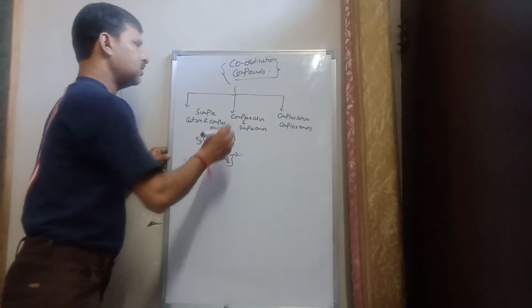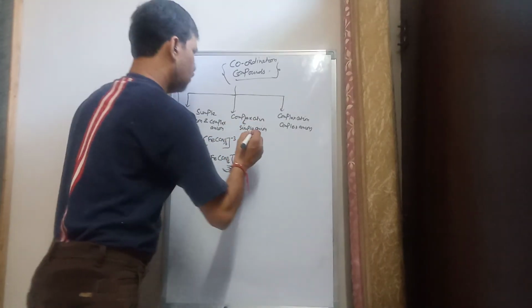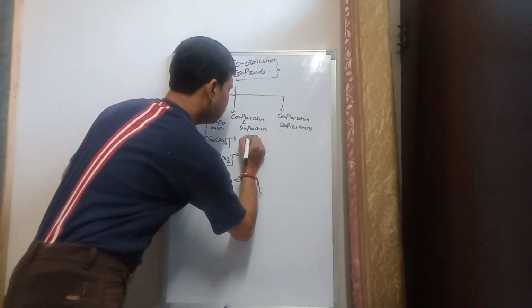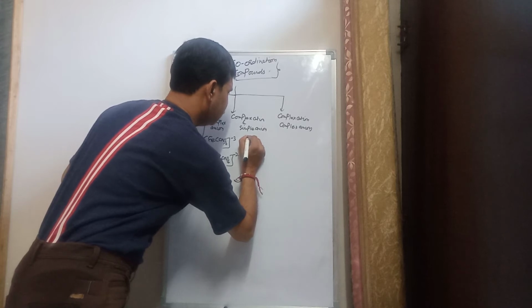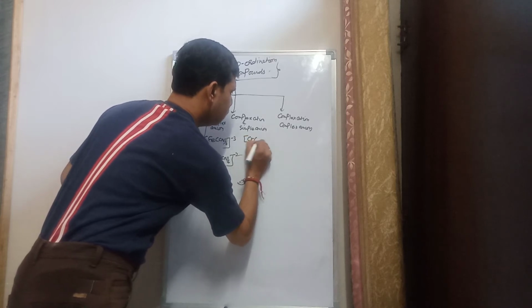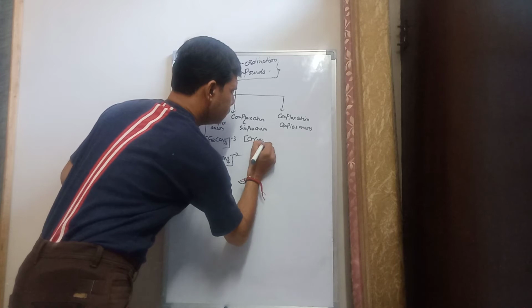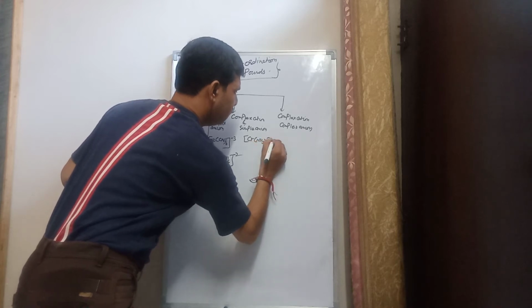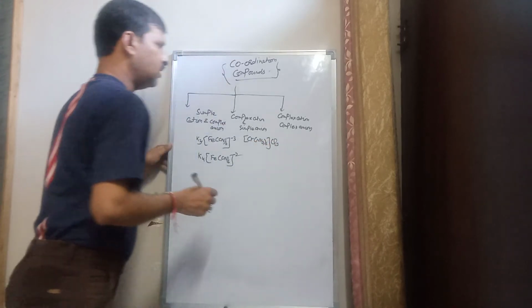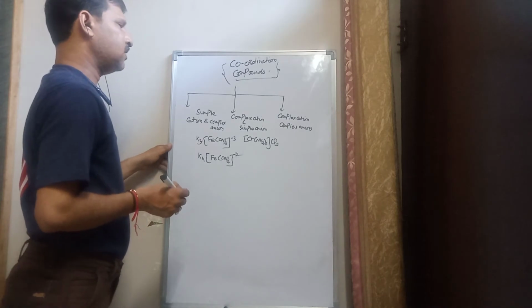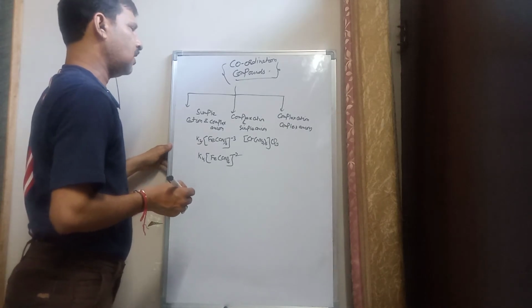Now complex cation and simple anion is [Cr(NH3)6]Cl3. Here one complex cation [Cr(NH3)6]3+ and 3 chloride ions as simple anion.